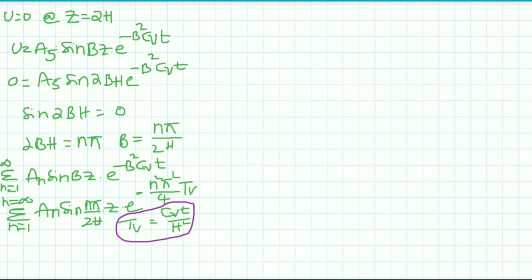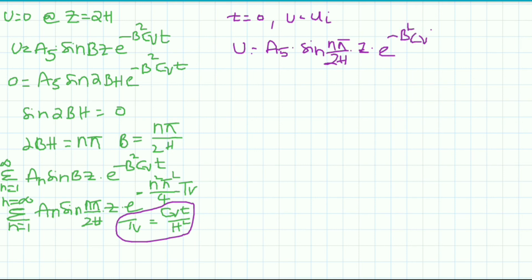Now substituting the first boundary condition, that is t equal to 0 and u equal to ui, we get u as a5 into sin n pi by 2H into z into e power minus b square C nu T. So in this, ui equal to a5 sin bz e power 0.